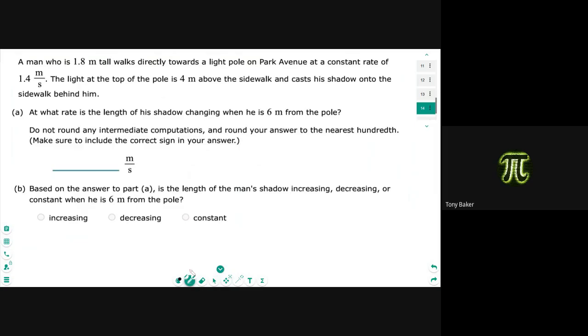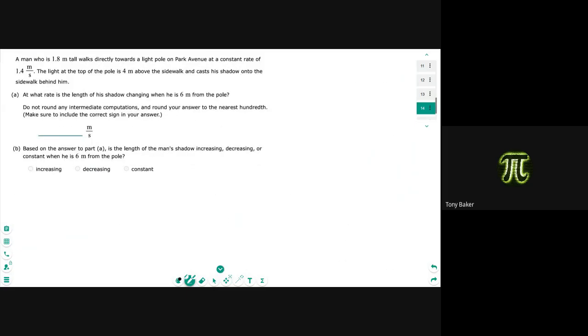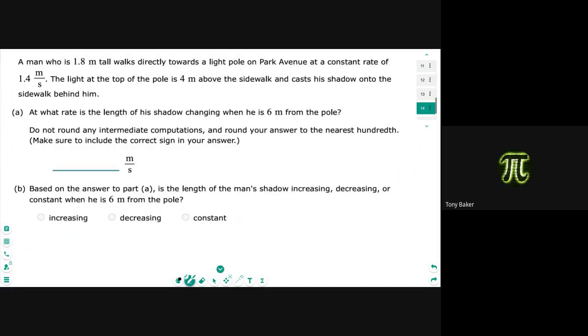So this one, we kind of have a similar triangle type situation going on. So a man's 1.8 meters tall, walks directly towards the light pole at a constant rate of 1.4 meters per second and casts a shadow onto the sidewalk behind him.